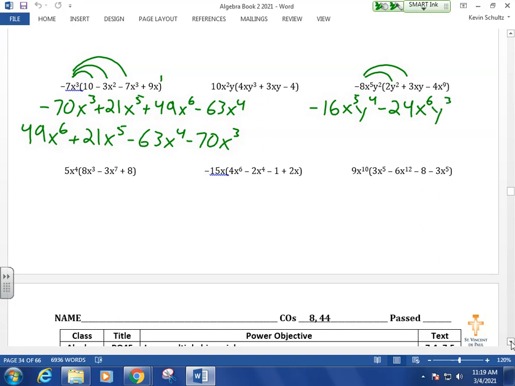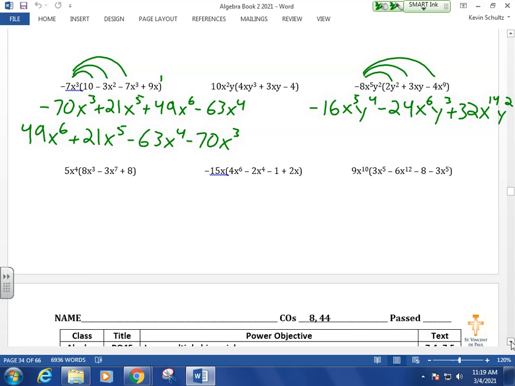So we really just take it piece by piece, right? Coefficients, then x's, then y's, and then whatever other variables we might have. Lastly, over to our negative 4x to the 9th, which is negative 8 times negative 4 is positive 32. X to the 5th times x to the 9th is x to the 14th. And we have no y term, so the y squared just carries over.